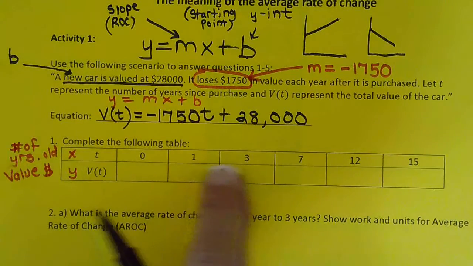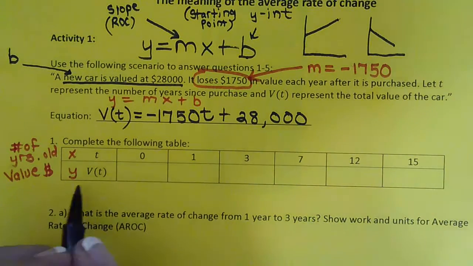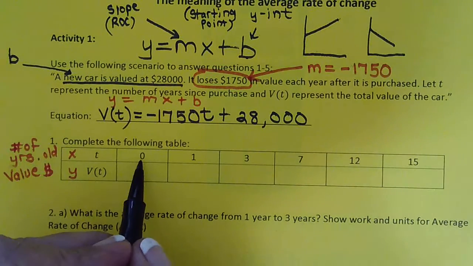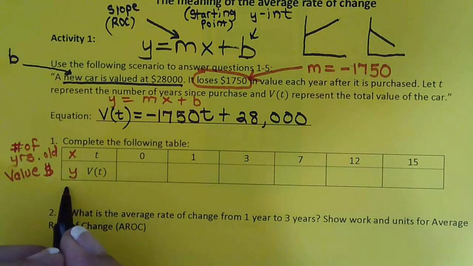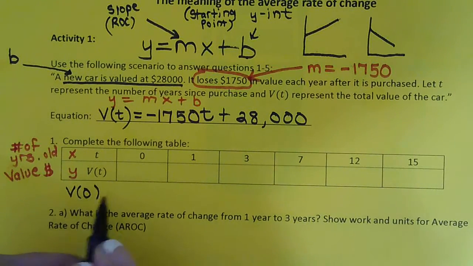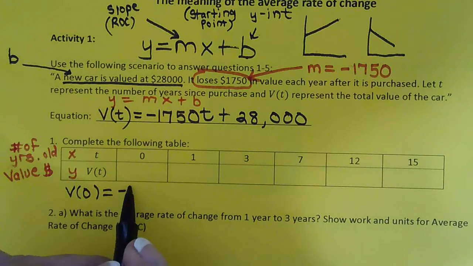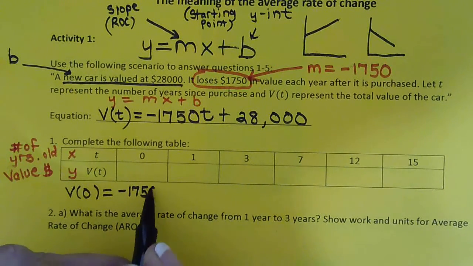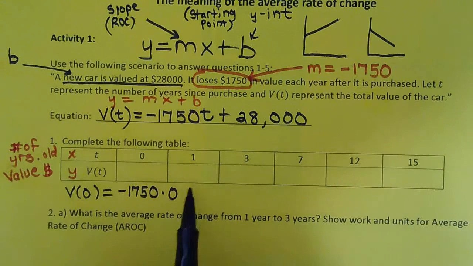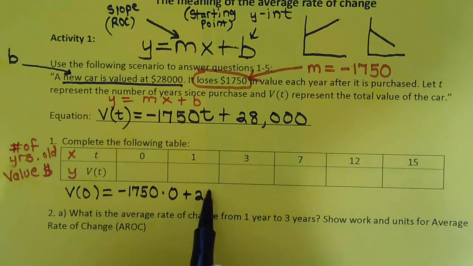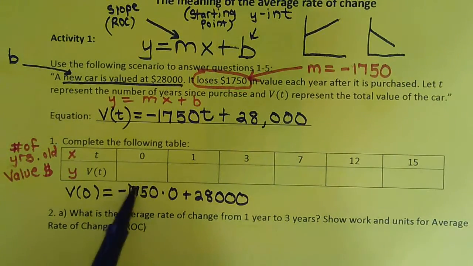Here's all the different t's. So for this first one, I'll show a couple of them and then we'll do them in the calculator. So this first one says, everywhere I see a t, plug in 0. So V of 0 equals negative 1750 times 0 plus 28,000. So you probably don't need to plug that in the calculator because this goes away.